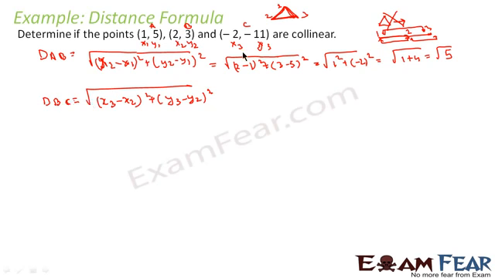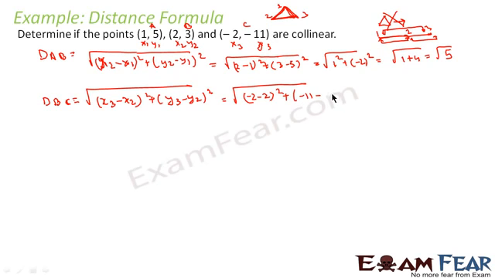In C we had x3 and y3, so it is the root of, what is the value of x3? Minus 2. What is the value of x2? 2. So (minus 2 minus 2) square plus (y3 minus y2, that is minus 11 minus 3) square.